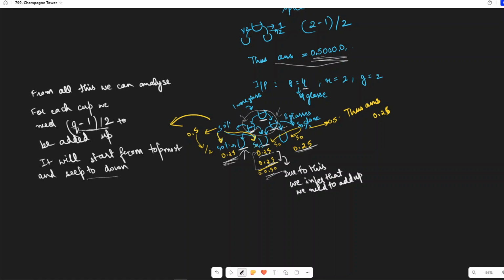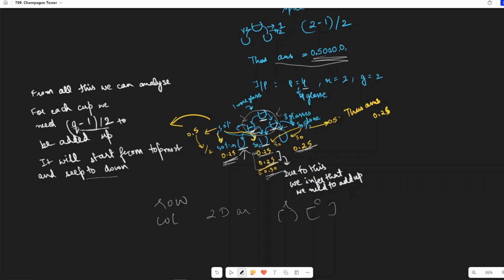Because here we can clearly see that we have rows and columns. So in that context, we can easily use a 2D array or 2D vector where we will have the count of row and column, and at each particular coordinate, whatever glass is present, that would be filled and how much quantity would be there.